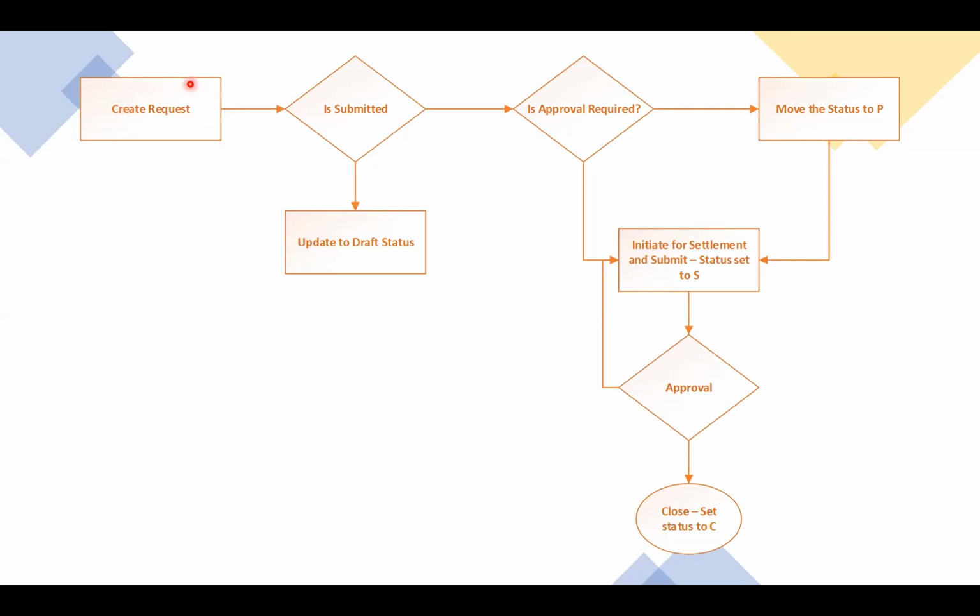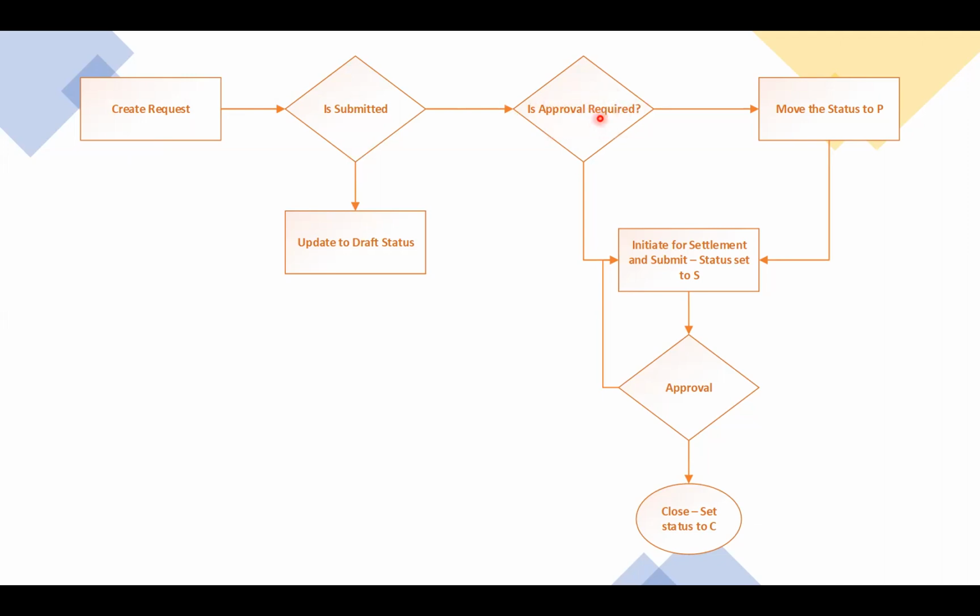So here we just allow an option in the app itself to create the travel request. Once the request is created by the user, it is either submitted or not. If it is submitted, it will directly go to approval check.